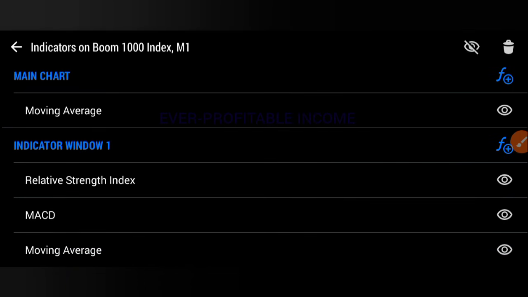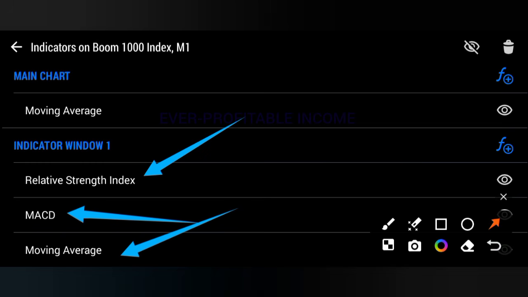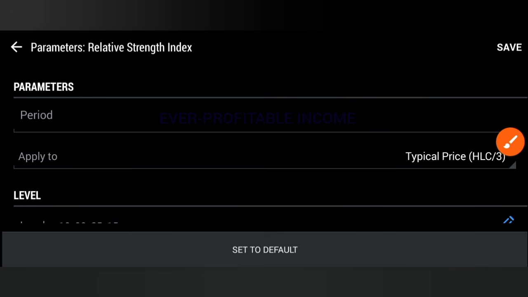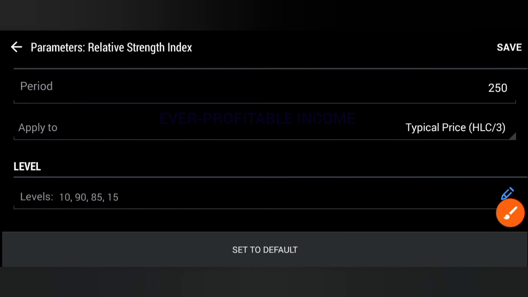So now these are the indicators for today. We have the relative strength index, the MACD and then the moving average. Let's check the setting of the RSI. The RSI is period 250. Just take a screenshot. It's the same setting we used in our previous video.